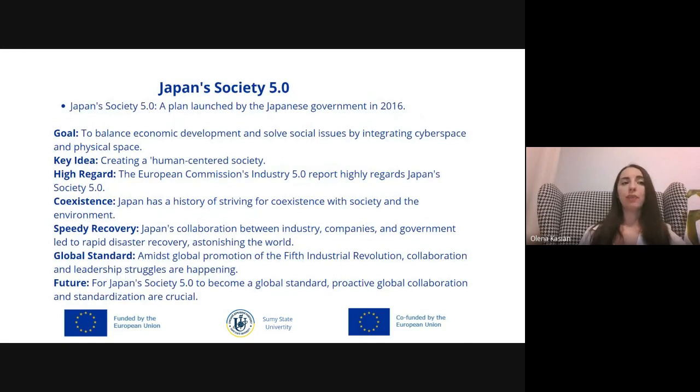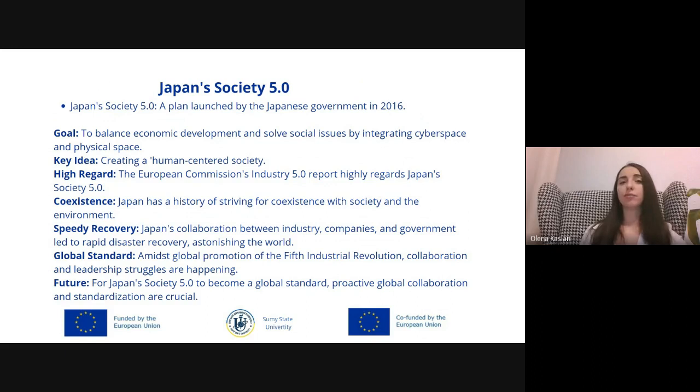In Japan, the Japanese government has already launched a plan to balance economic development and the resolution of social issues through a system that integrates cyberspace, like virtual spaces, and physical spaces, like real spaces, at a high level.